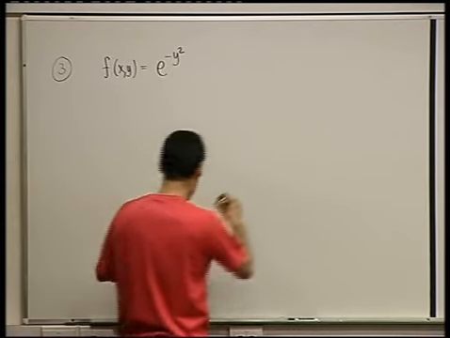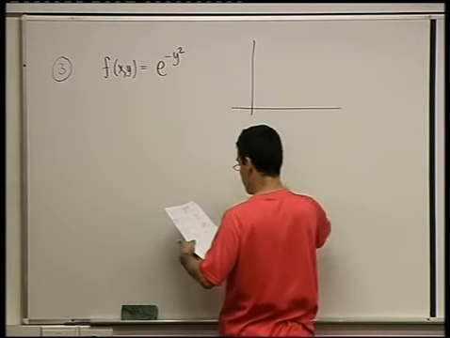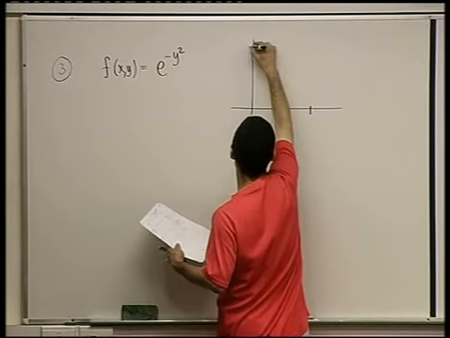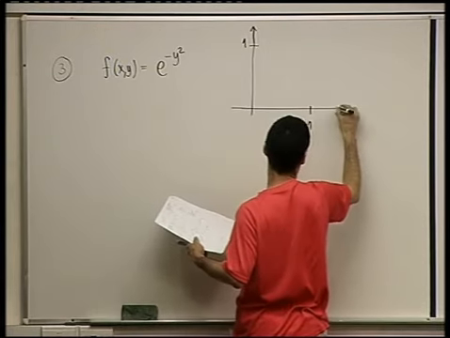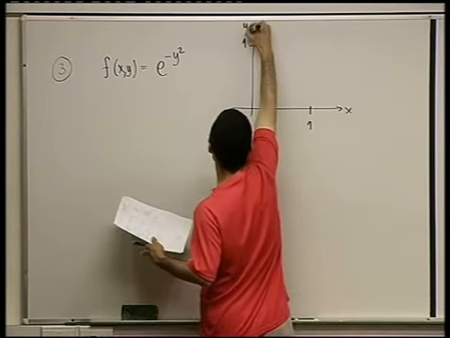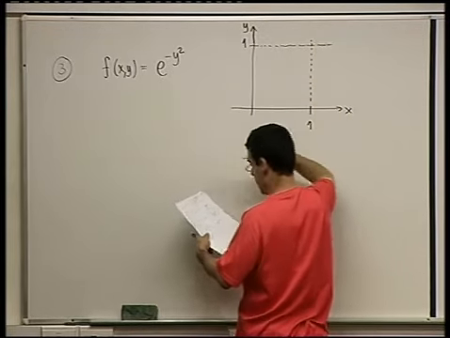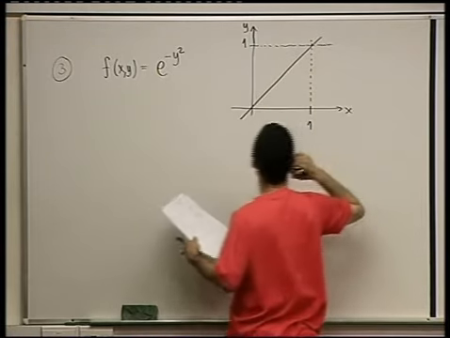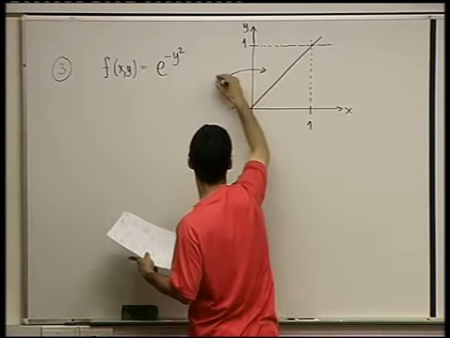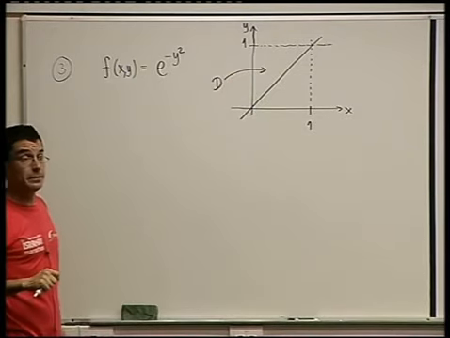And the domain is going to be the following. I'm going to look at the 1-by-1 box here, and I'm going to look at y equals x, which is this. And the domain is going to be this upper triangle. That's the domain D.